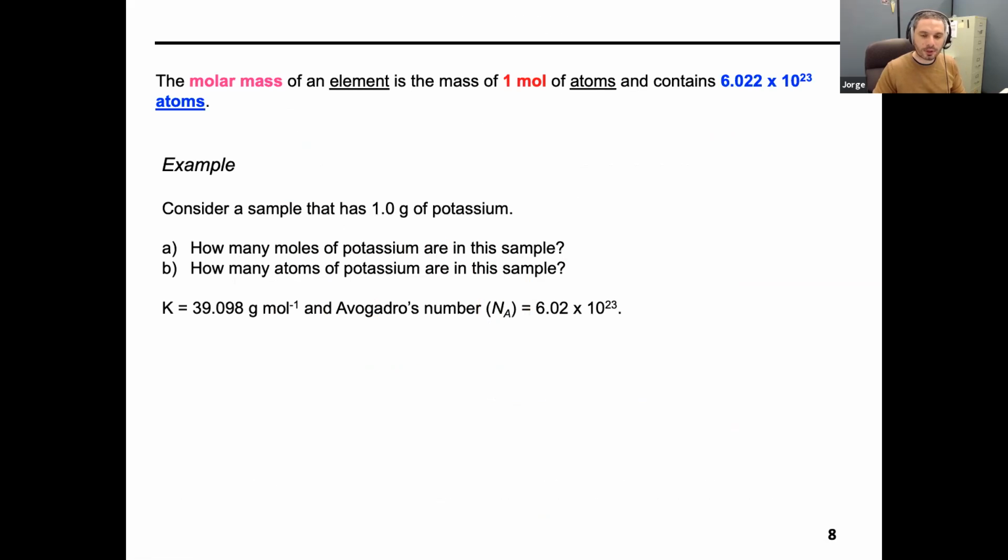Okay, so the first thing here is to set up our conversion factor. So let me show you how to do that. And then let's think for this exercise for a couple minutes, and then I will solve it with you. So let me switch again to the iPad.